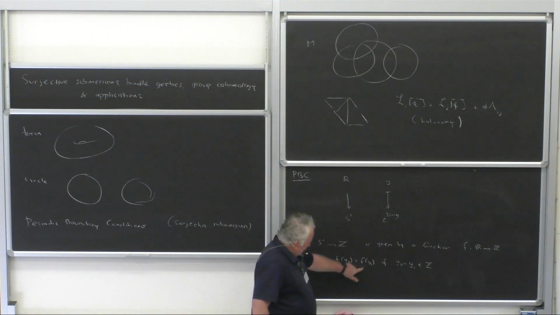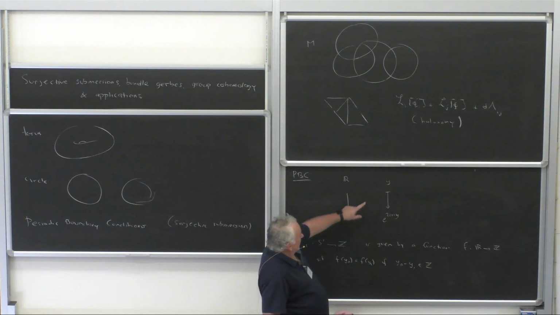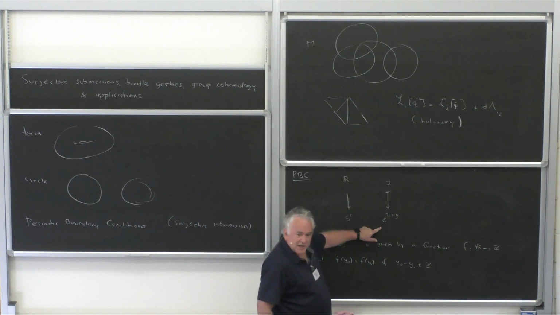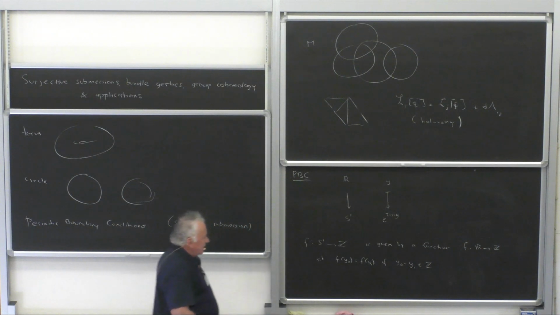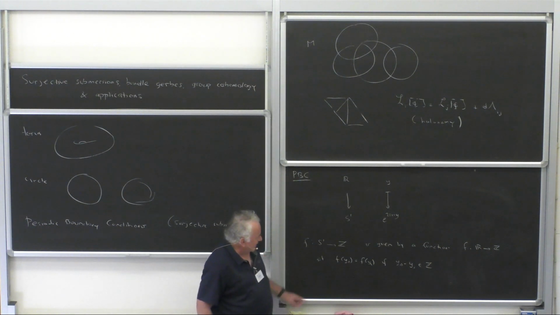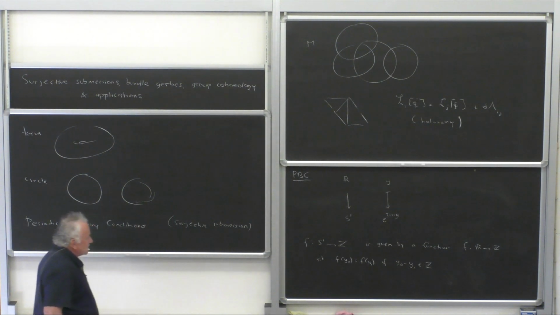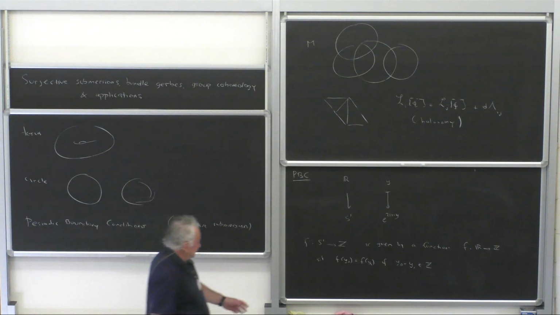If y1 differs from y0 by an integer, then of course it maps to the same element of S^1. So functions satisfying this condition can be identified with functions on the circle. That's what you mean by periodic boundary conditions.